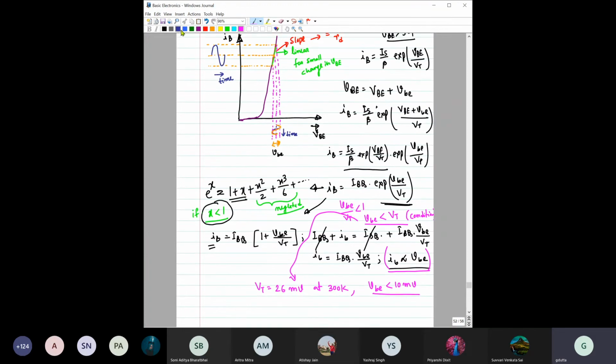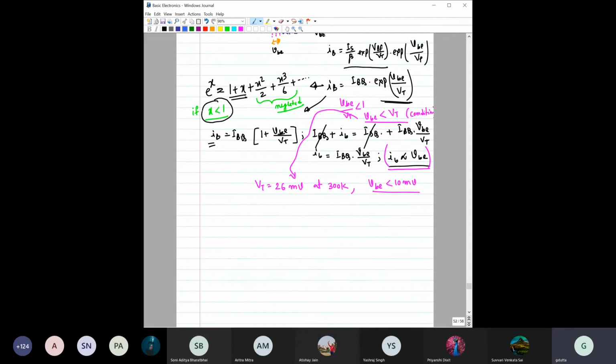Now see how we are using this criteria. IB is proportional to this V of BE, so this is a linear relation, right? Now what is V of BE? V of BE will again be proportional to this V of S, isn't it? Just think about it.